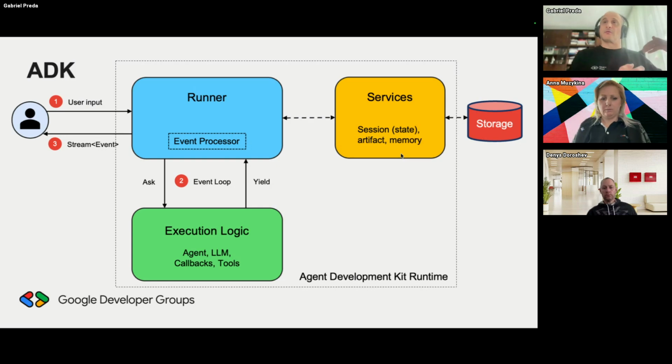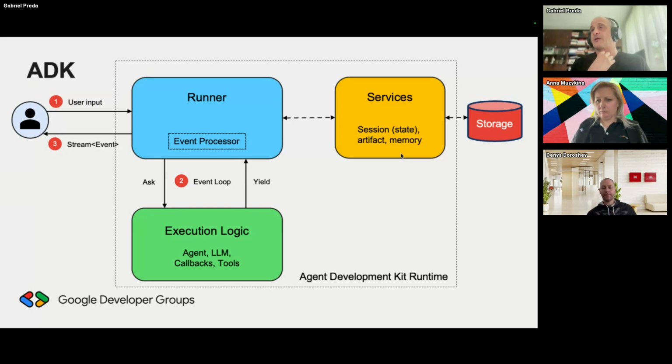So let's say when user input is presented to the application implemented using ADK, the runner will process the event loop, will start by processing the initial user input, and then according to the structure of your application, you have a certain execution logic.